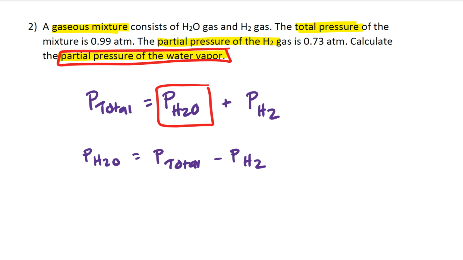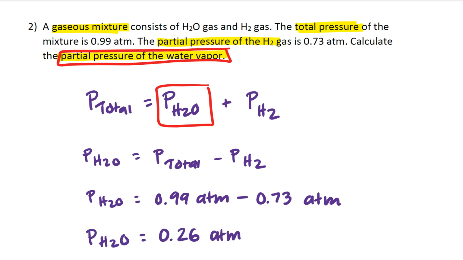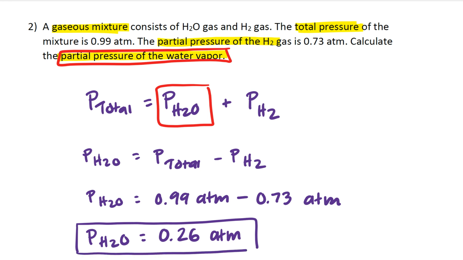And now it becomes a plug and chug into our equation. Okay, we subtract 0.99 minus 0.73. And we'll get an answer of 0.26 atm. In other words, the partial pressure of the water vapor in this mixture is 0.26 atmospheres.